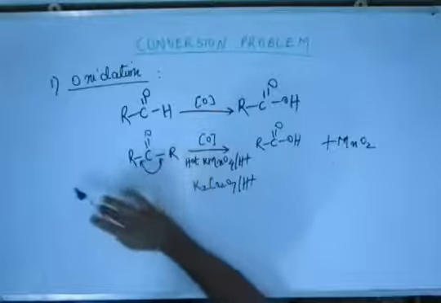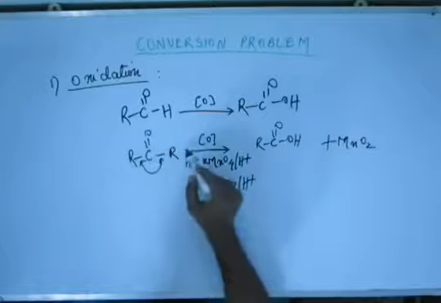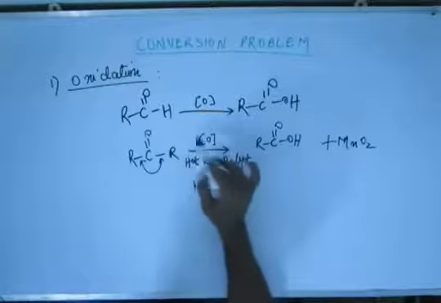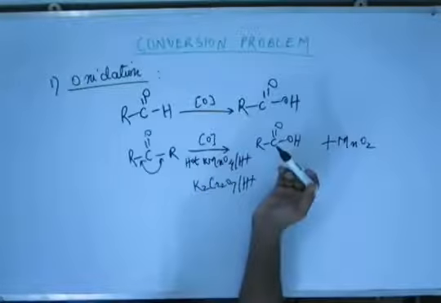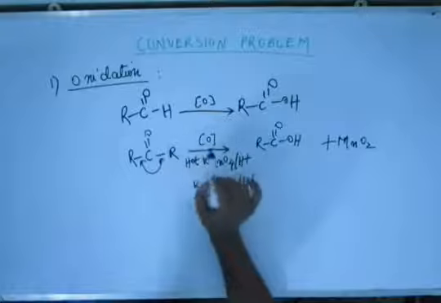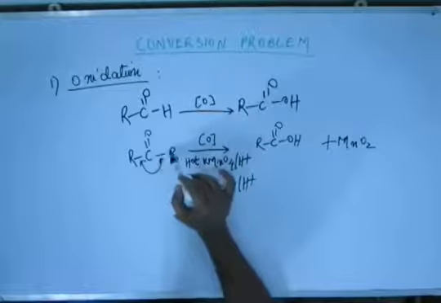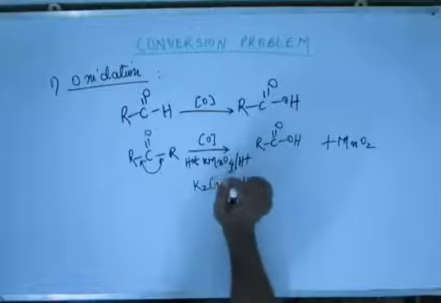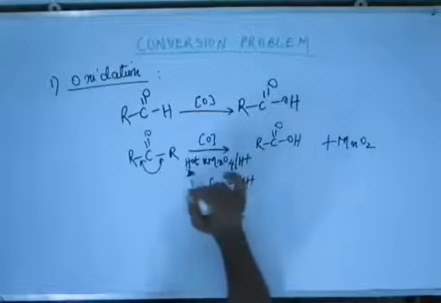At other ends of this R, if there's an alkene, if there's unsaturation in this R part, then that alkene can also undergo oxidation, resulting in another acidic group. So this is unreliable. We are not sure that oxidation will take place only at this end. Other parts of R can also get oxidized in this extreme condition when we take a very strong oxidizing agent, and that too hot.